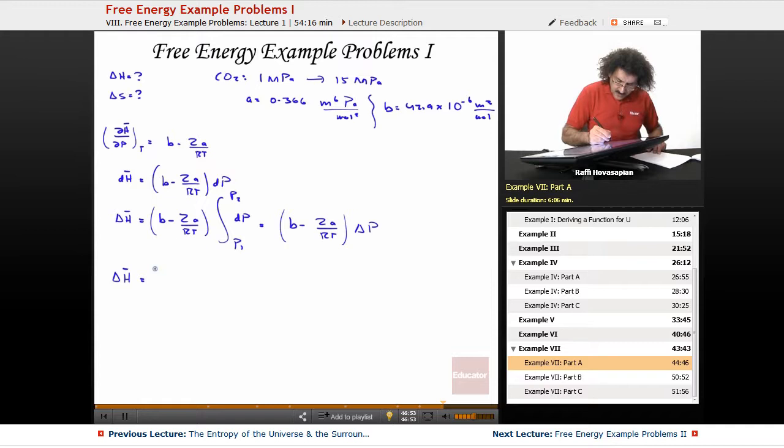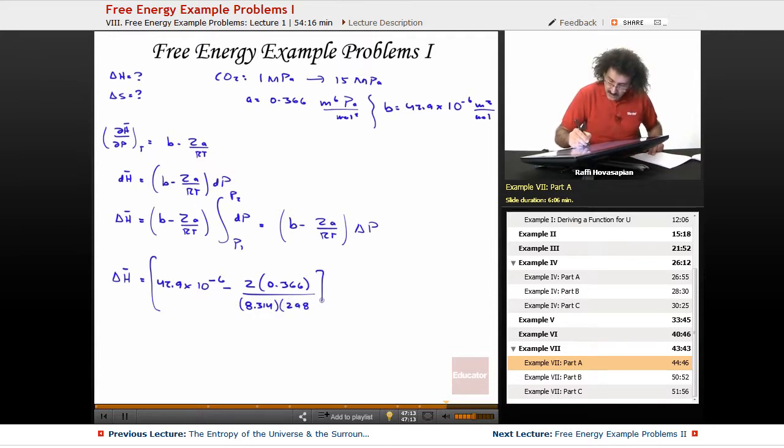We have 42.9 times 10 to the negative 6 minus 2 times 0.366 all over 8.314 times 298, times delta P. That's 15 minus 1, times 10 to the 6, because this is megapascal.